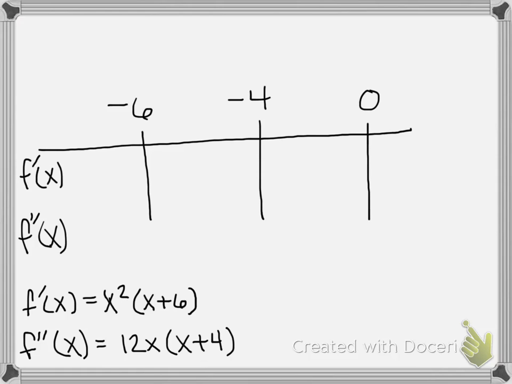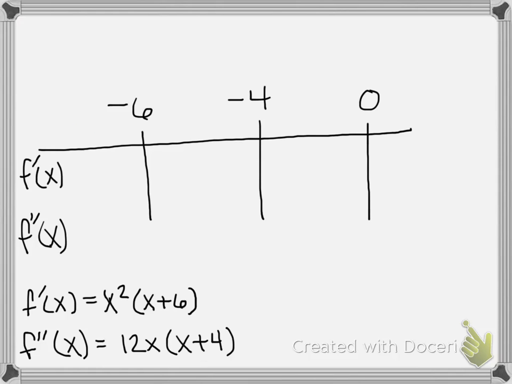Okay, so what I've done here is I've taken our critical values that we found and put those on the number line. And I've put the f prime and f double prime right over here to the left. So now what we need to do, just pick some arbitrary number, say less than negative 6.